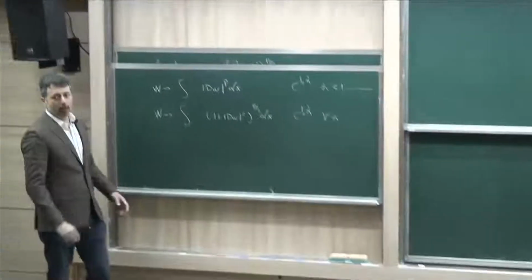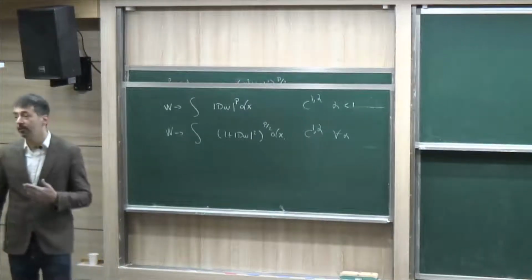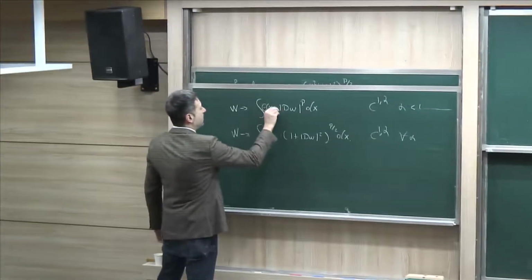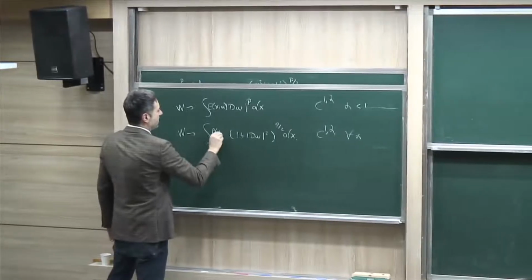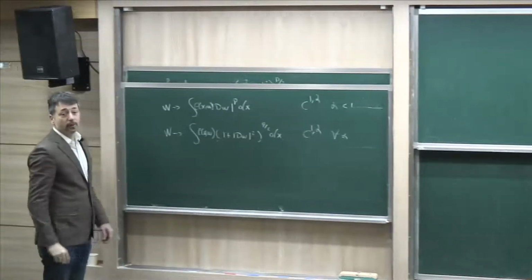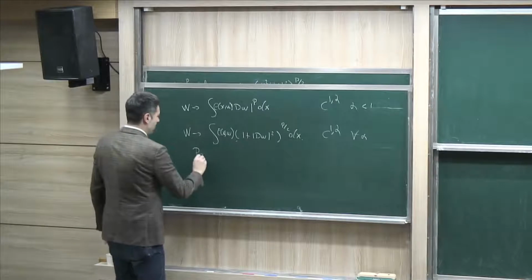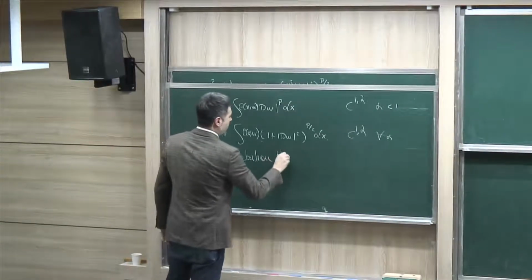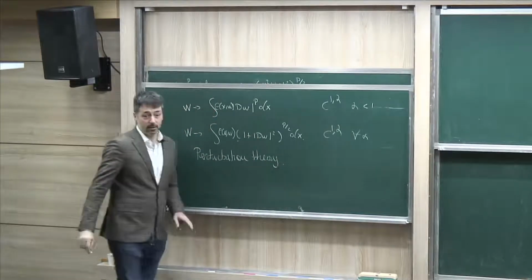Now, the point is what happens if you add coefficients, for instance? So if you add things like this and things like this, now we go to the realm of further perturbation theory. And the perturbation theory is now intended in the following way.